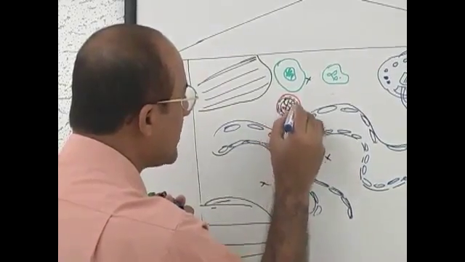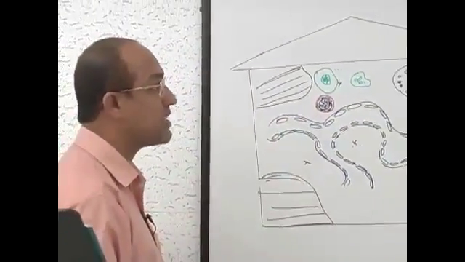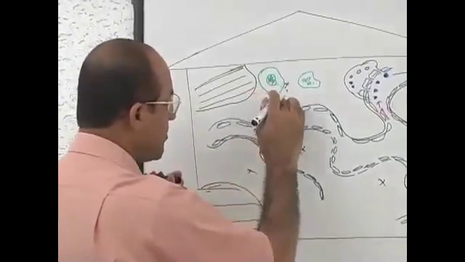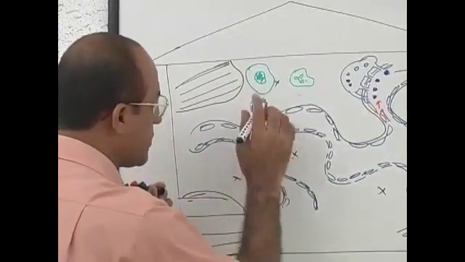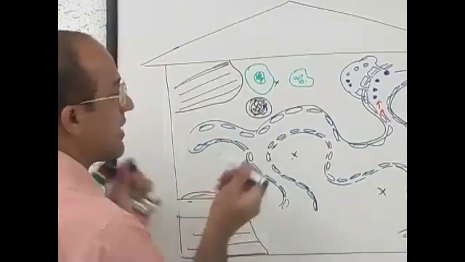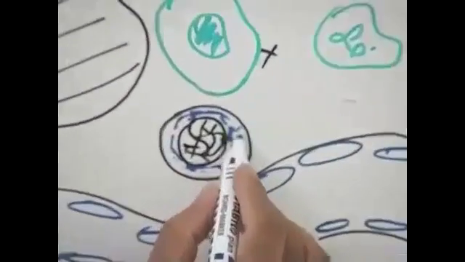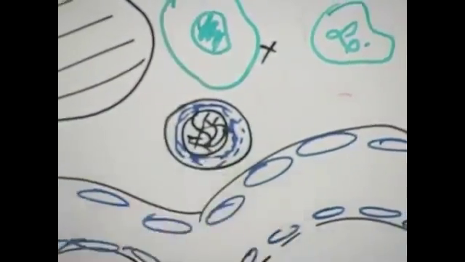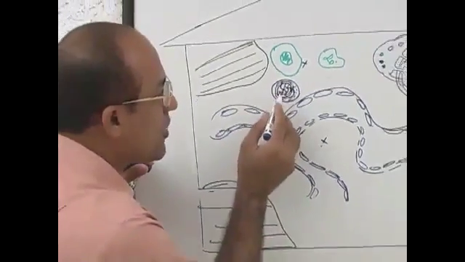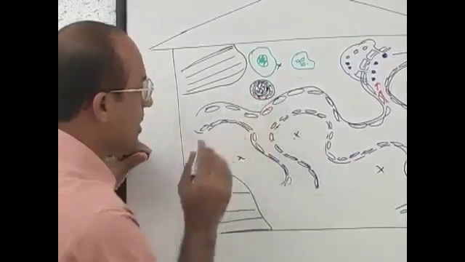The proerythroblast has a size of about 20 microns. Then this will break down. Okay, let me make it black so I do not confuse. Look, this is the erythroblast. Again, the erythroblast has a large, open nucleus with fine chromatin and basophilic cytoplasm.